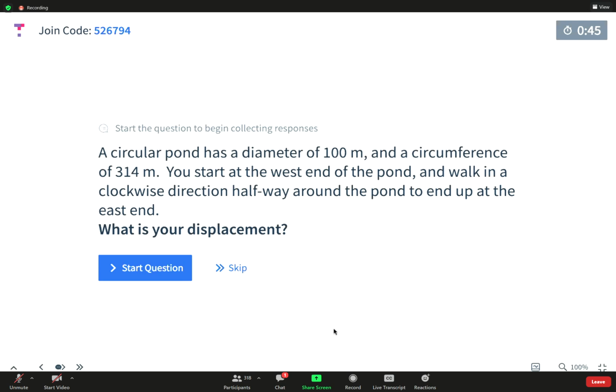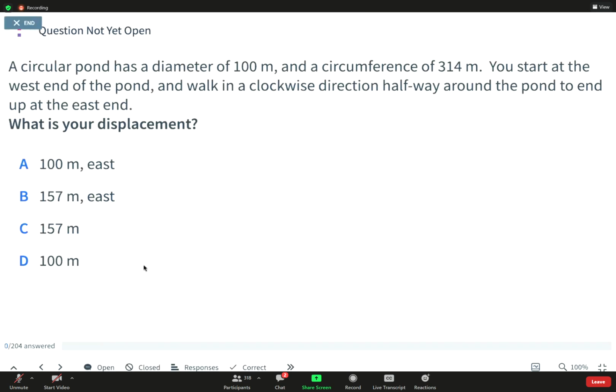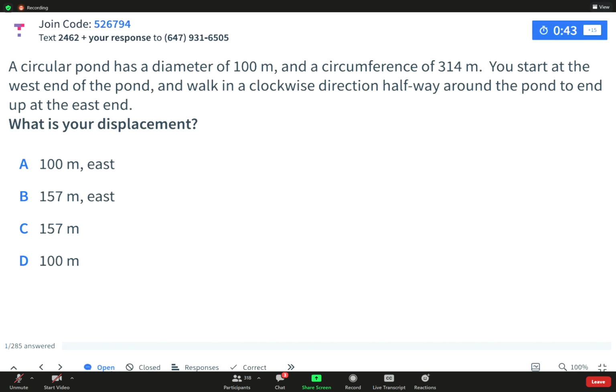We want to know what the displacement is when we walk in a clockwise direction halfway around the pond to end up at the east end. You have 4 different choices, and you have 45 seconds to answer the question.